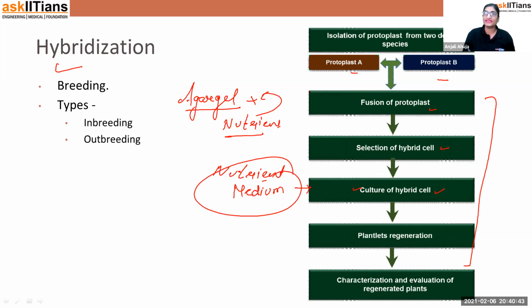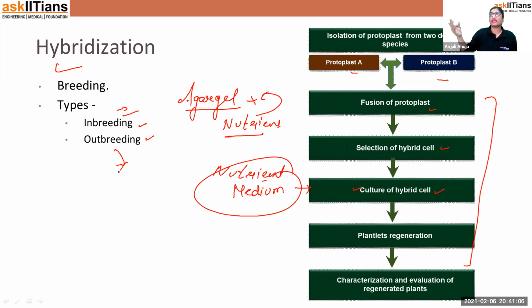Is that clear? This is a type of breeding, and this is done in different ways. Taking protoplasts and mixing them up is one way, but there are many other ways of doing this breeding. Now, guys, breeding used to be of two types: inbreeding and outbreeding. Inbreeding is between the same varieties, like between the same species, you may say.